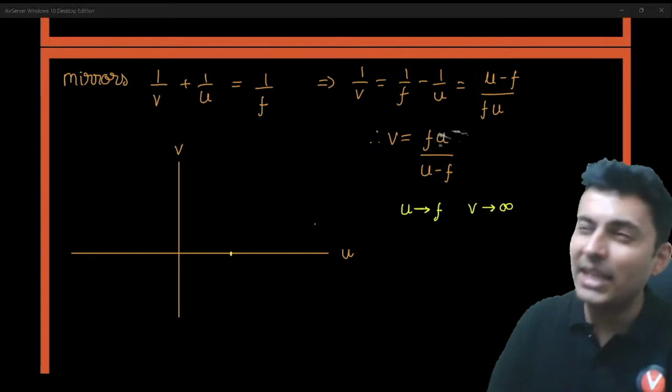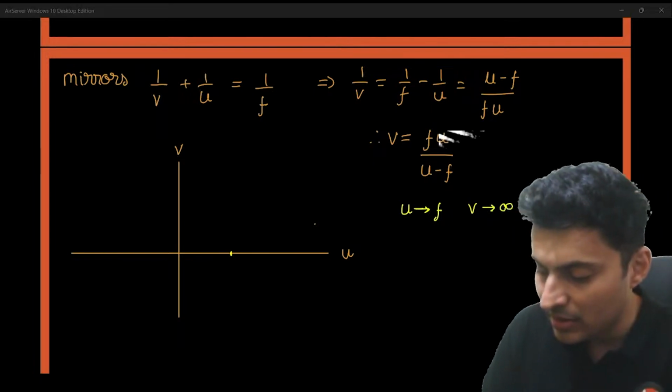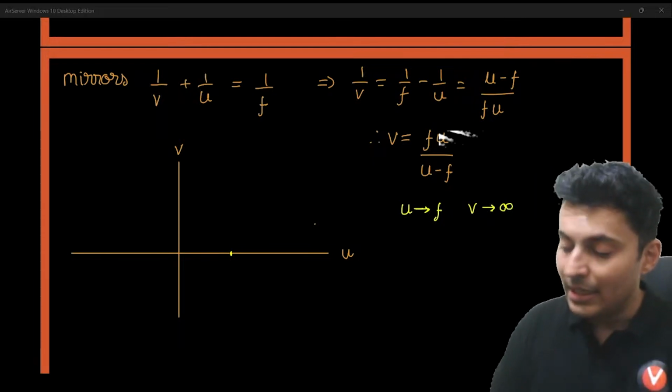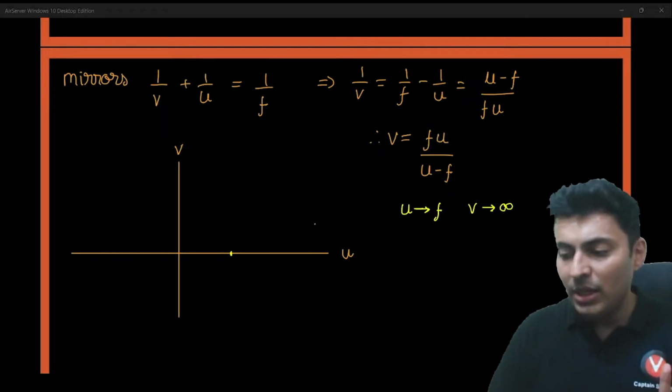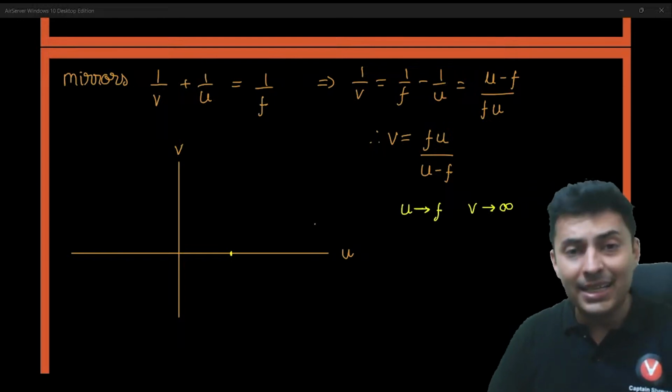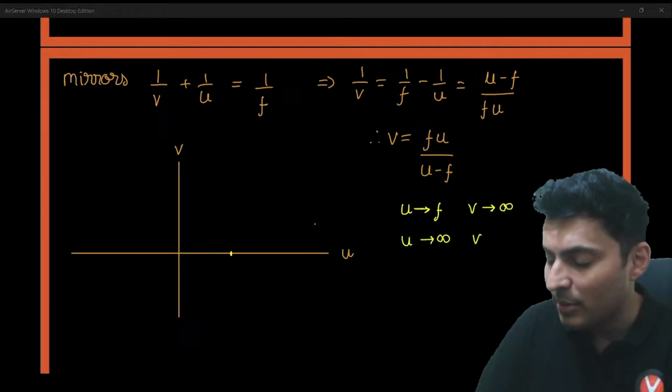Imagine focal length is positive. That means it's a convex mirror. Let's take it like this. Then image distance is infinity. Okay, that's number 1. Number 2, if the object is at infinity, think about it. Where will the image be formed?